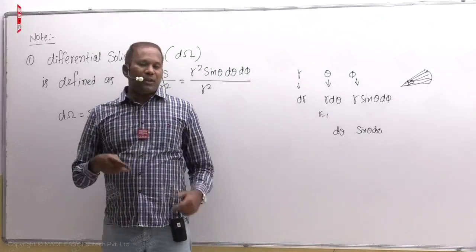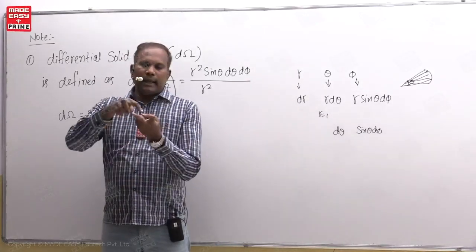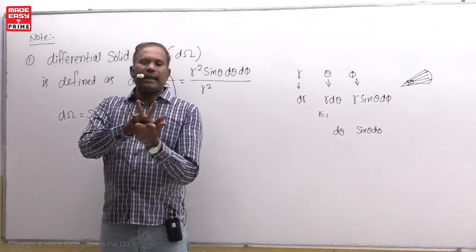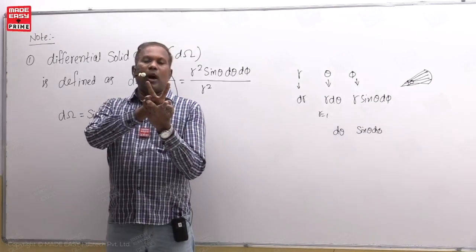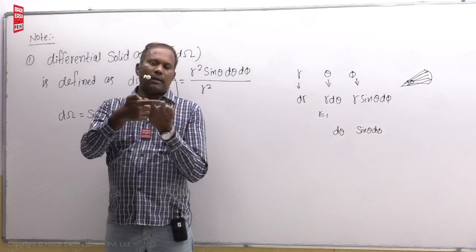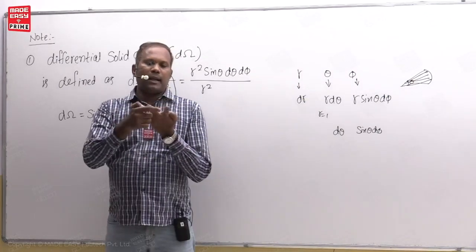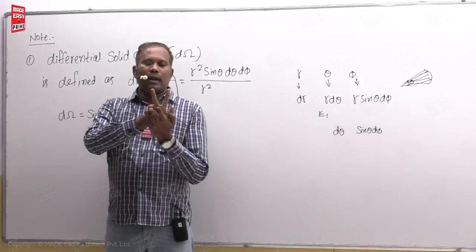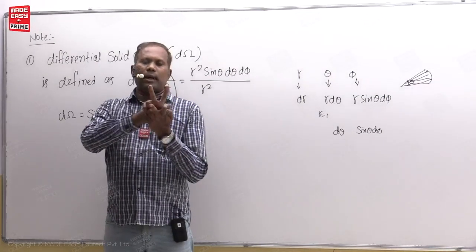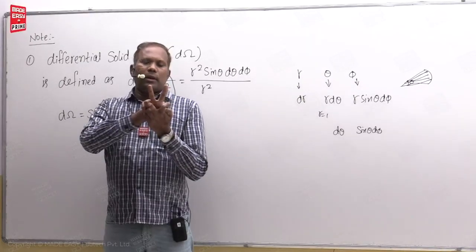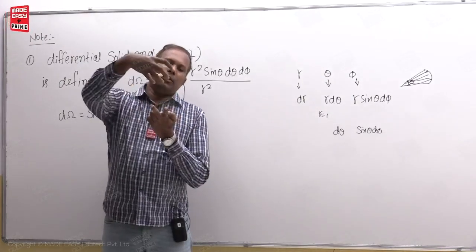Now you take a differential horizontal angle and a differential vertical angle like this, and here you get the volume in between them. Here the horizontal angle is 1 radian, and the vertical angle from this one to this one is also 1 radian. So that means you have a volume here.